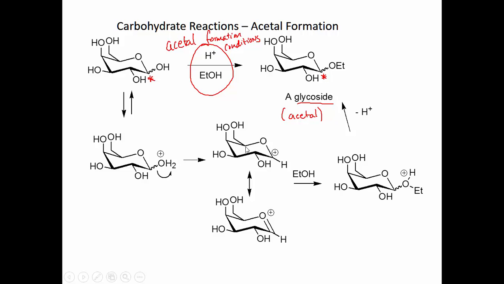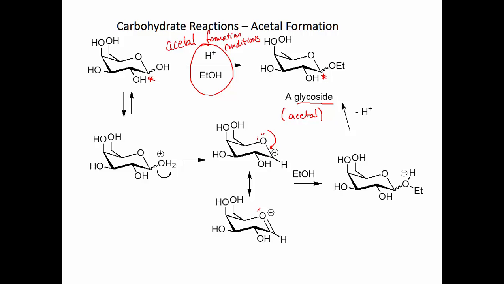We eject water. This gives us the carbocation, but we can draw this resonance structure, the oxonium ion. Okay, let me just show you how that interconverts. So we got a couple of lone pairs there at oxygen, and we're just stabilizing the carbocation through that resonance interaction right there.